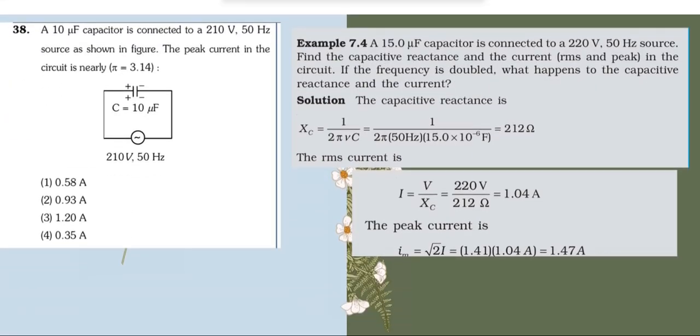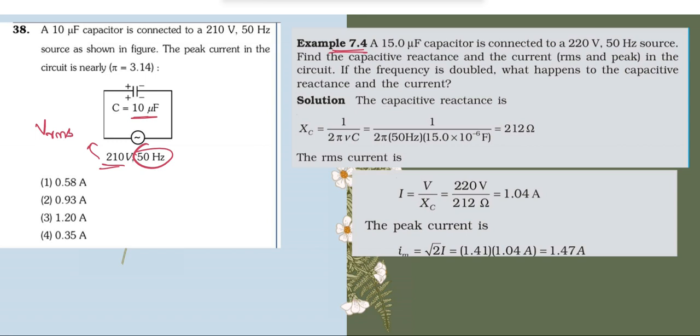Now look at this. This question is from alternating currents. They are asking us to find the peak value of current. A similar example is there in NCERT. First, they gave the frequency value. Once we have that frequency value and capacitance, you can find the capacitive reactance. Once we know capacitive reactance, this is given as VRMS.